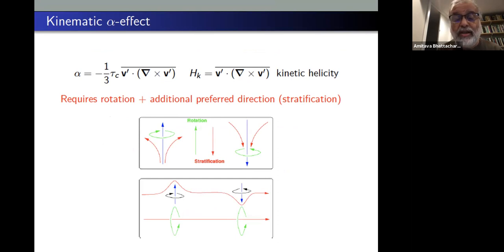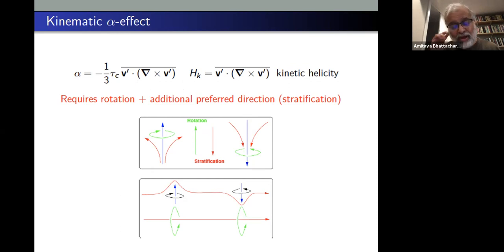And when you have that and you have rotation, you have flows like that, which break the symmetry of the system and give you a non-vanishing V prime dot omega prime, which has come to be regarded in turbulence theory as the kinetic helicity. So flows with non-zero kinetic helicity. And if you have non-zero kinetic helicity, you are breaking mirror symmetry. That gives you a non-vanishing alpha effect.